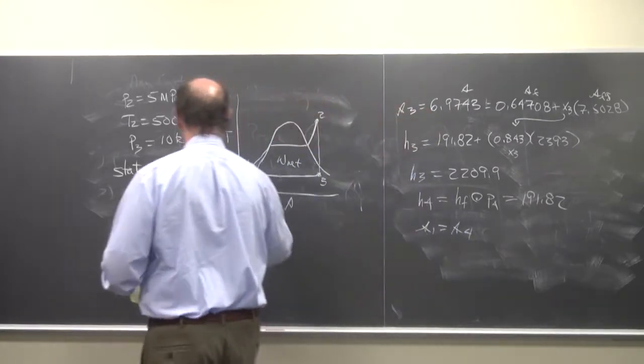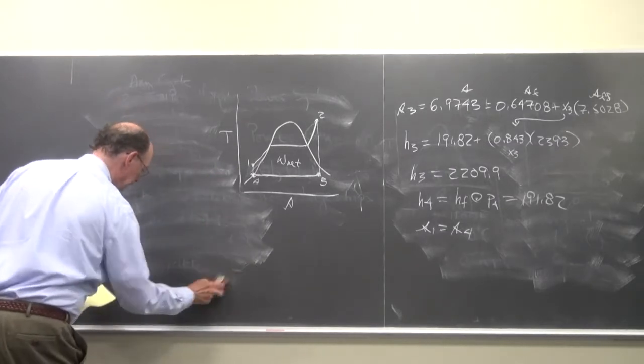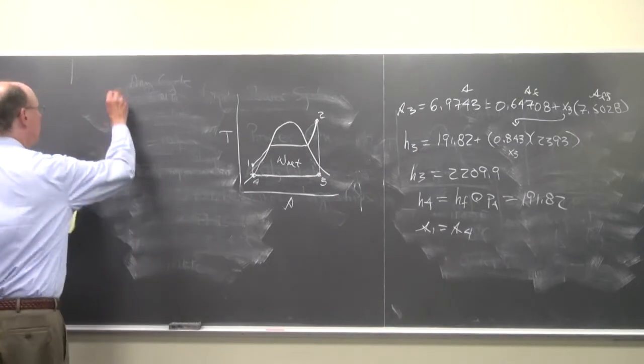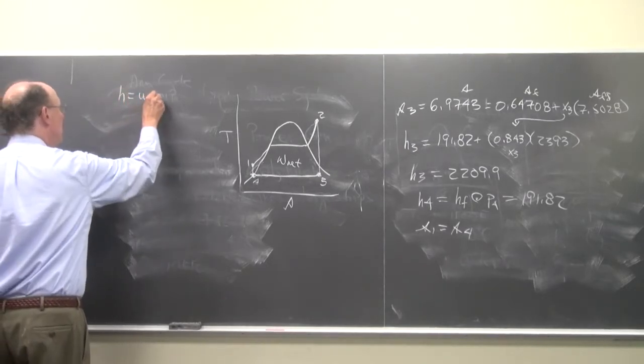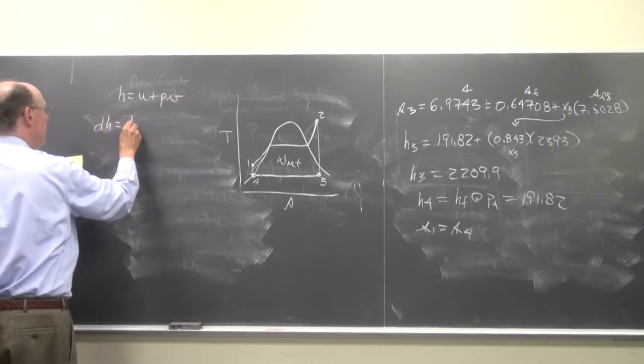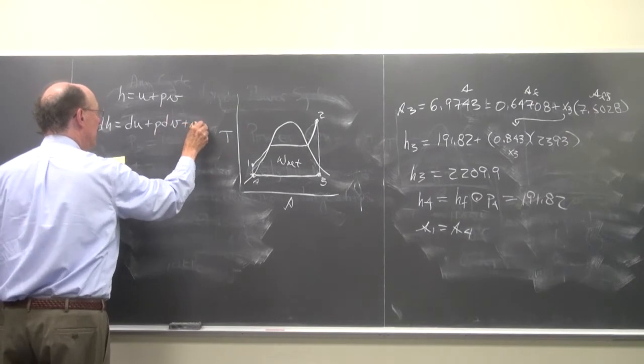If I look at H equal to U plus PV, dH is equal to dU plus PdV plus VdP.